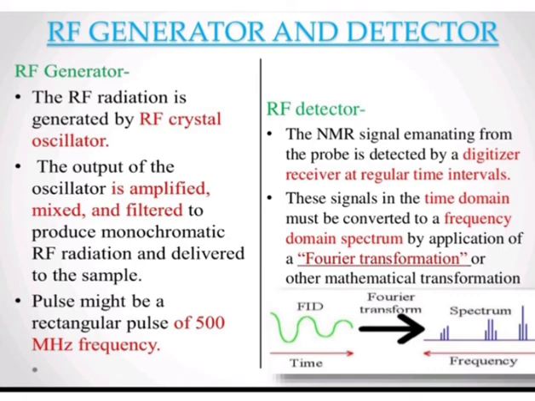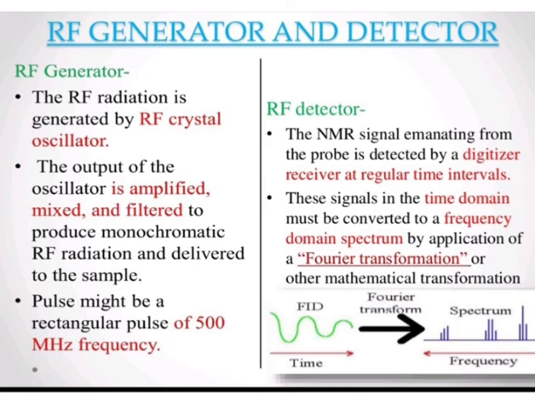Then the radio frequency detector is used here. The NMR signal emanating from the probe is detected by a digitizer receiver at regular time intervals. So the NMR signal which is emitted from the probe or a sample can be detected by a digitizer or a digital receiver at a regular time interval.